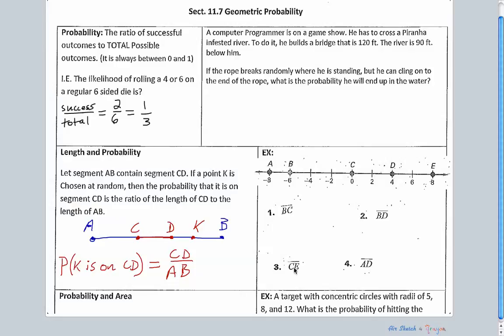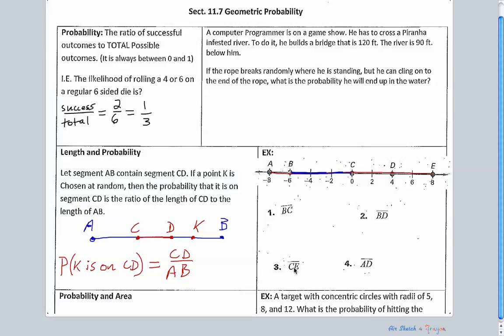Let's look at some examples. Okay, BC. I want to figure out what's the probability that if I pick one point randomly between A and E, that's my limit here, what's the probability that I'll land on BC, between B and C? Well, to do that, we've got to figure out how far BC is.